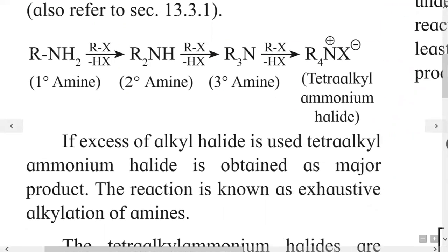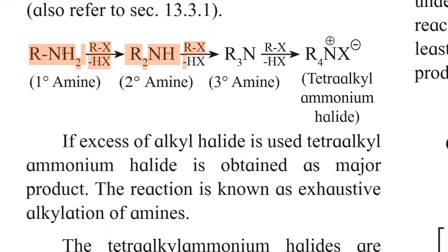Consider this reaction. RNH2 is the general formula for primary amine when treated with RX. RX is alkyl halide. Here elimination of hydrogen halide takes place and gives R2NH.